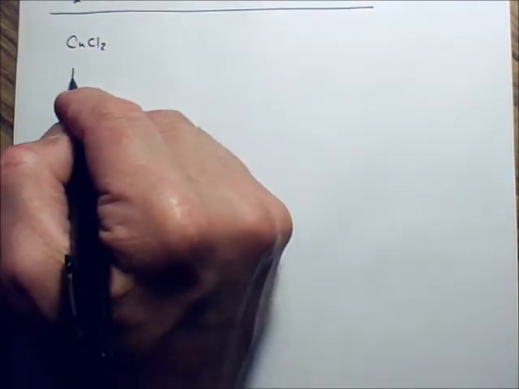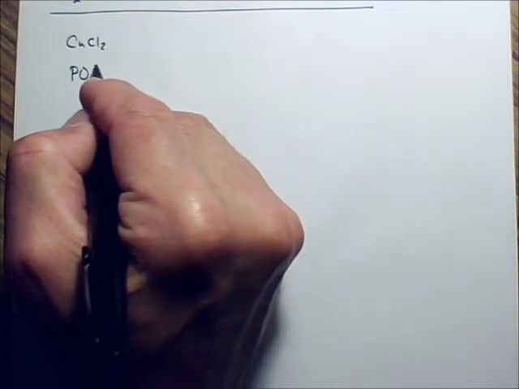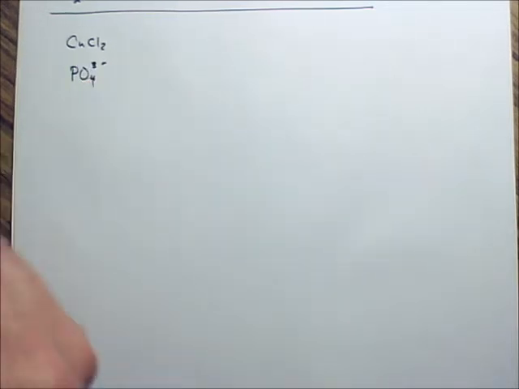CuCl2. Is there a polyatomic ion in the formula? Then that subscript won't travel. Yes, PO4. Well, I assume you mean PO4 with a 3 negative charge, the phosphate ion.